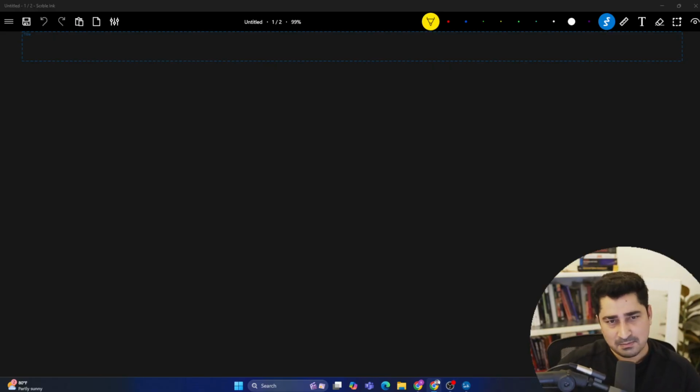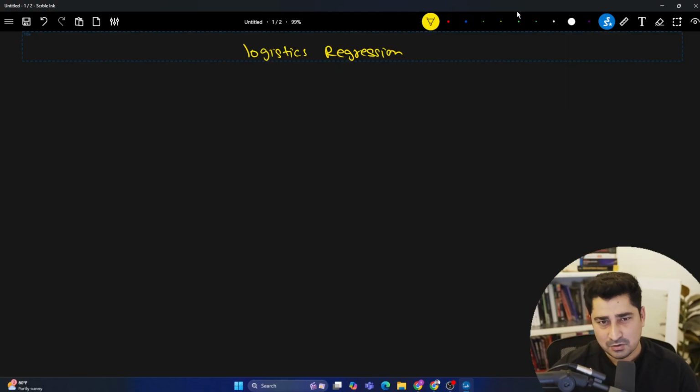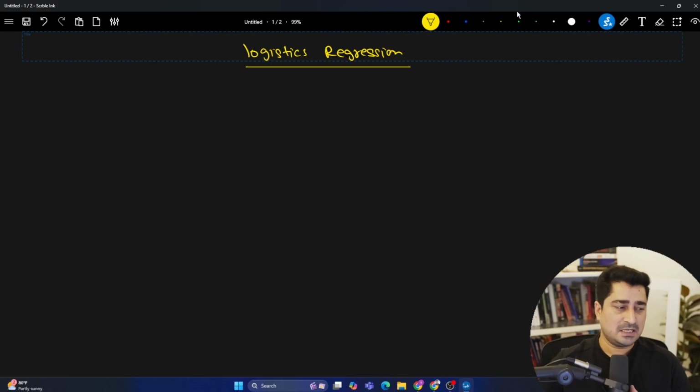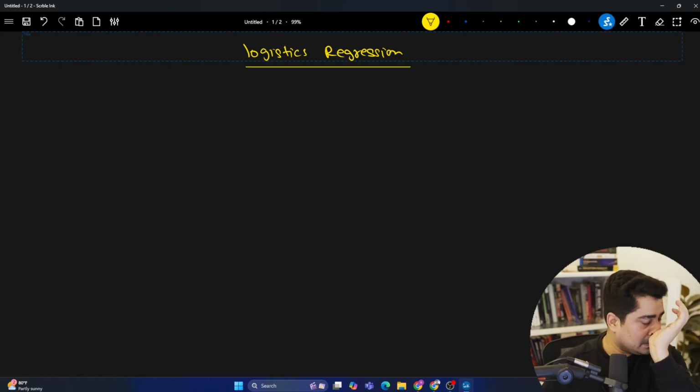So let me talk about logistic regression. As I said, don't go after its name, regression. It's not a regression algorithm, it's a classification algorithm that we are going to talk about. So here, how does logistic regression work? The major function for logistic regression is something called sigmoid.